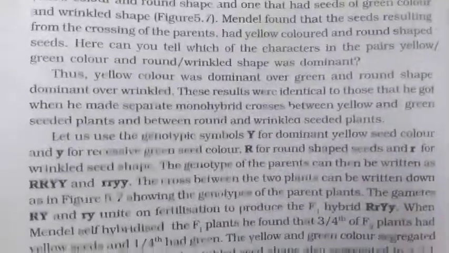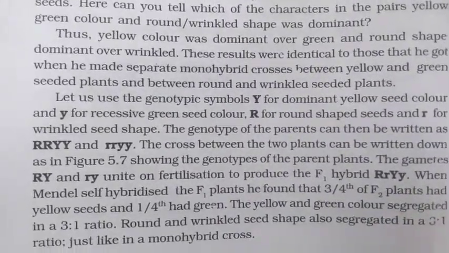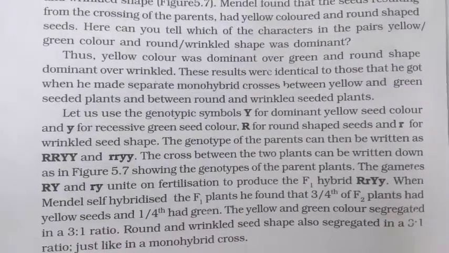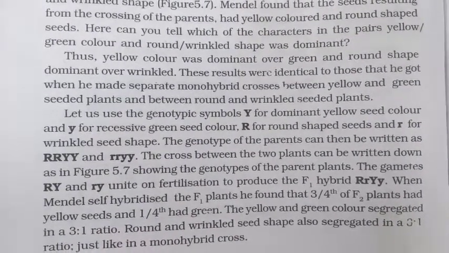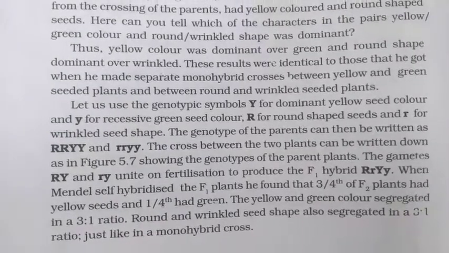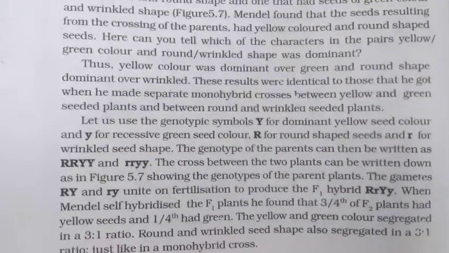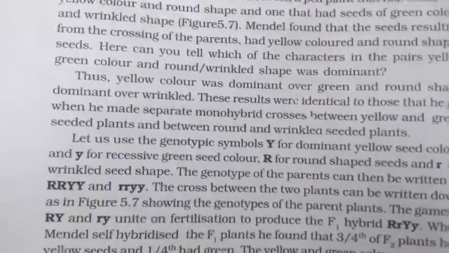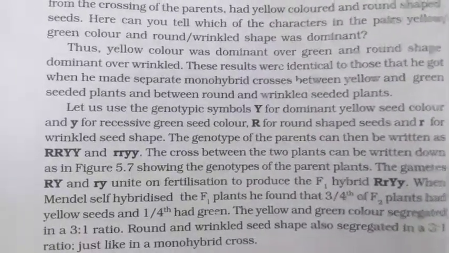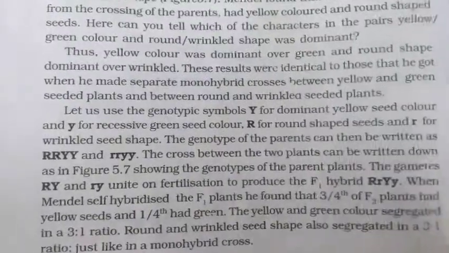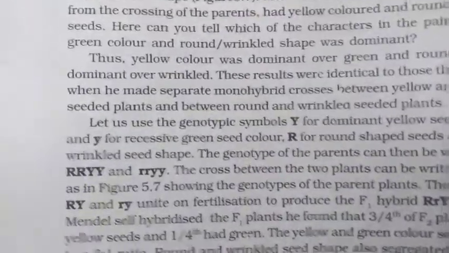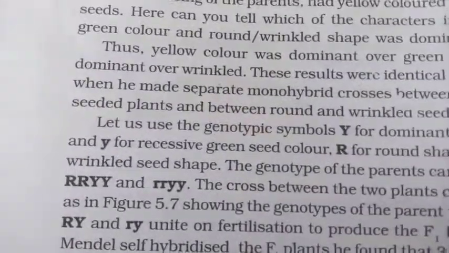Let us use the genotypic symbols: capital Y for dominant yellow seed color and small y for recessive green seed color, capital R for round seed shape and small r for wrinkled seed shape. The genotype of the parents can then be written as capital R, capital R, capital Y, capital Y, and small r, small r, small y, small y.